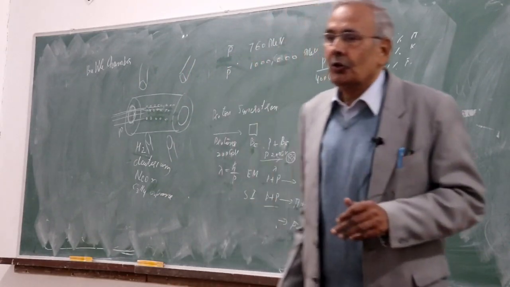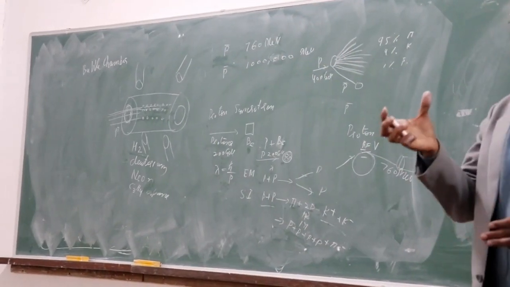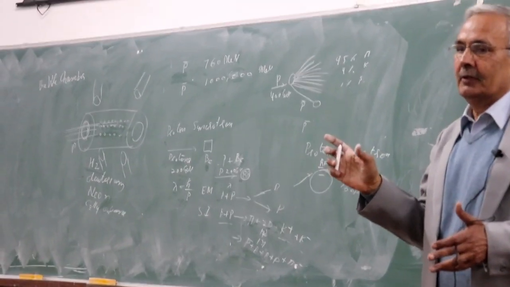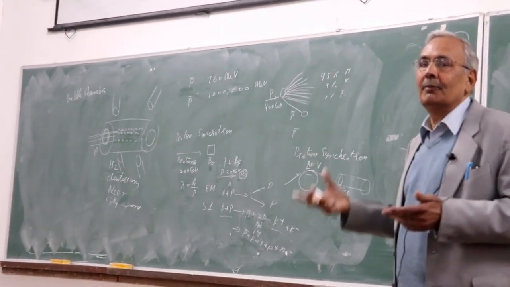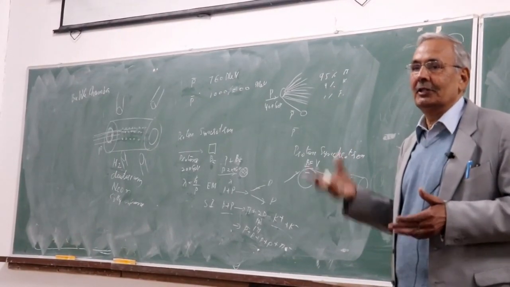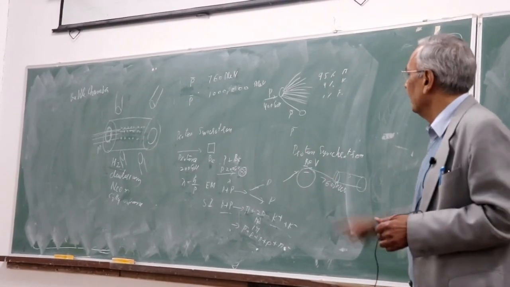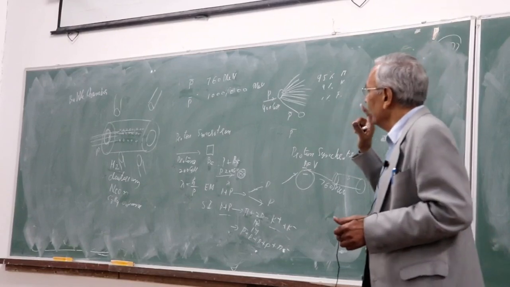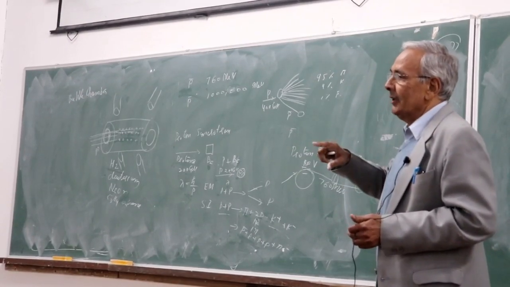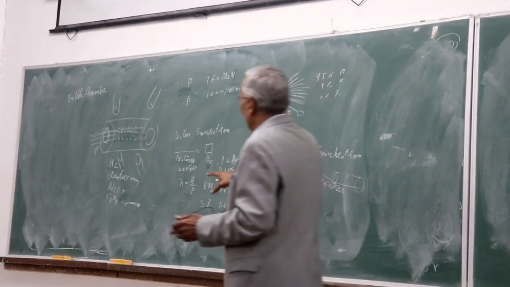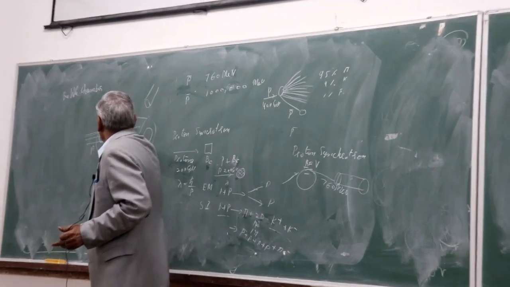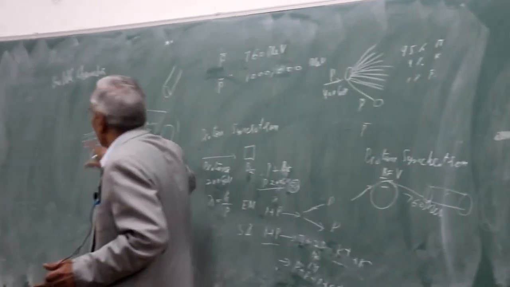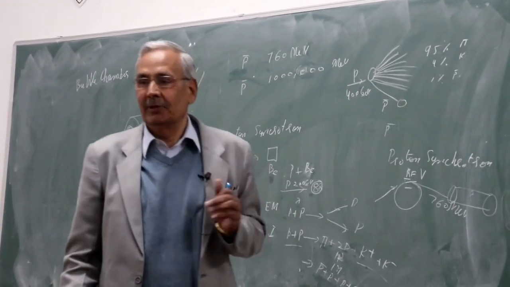That means each camera will give only a 2D picture, X, Y. If you have 4 different cameras, you can merge them and make a 3D picture by reconstruction. So what you have is only the bubbles, and wherever the particle has gone, you can make the trajectory of the particle by joining the bubbles.